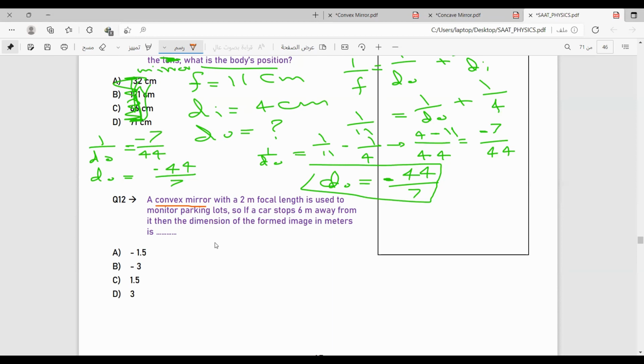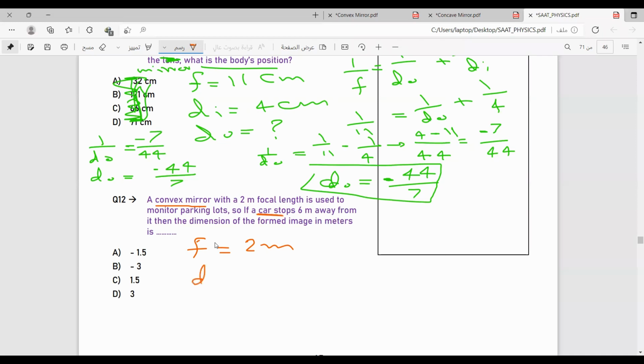Okay, nice. With a 2 meter focal length. So here F equals 2, and we are dealing with meters. The focal length is 2 meters, and the mirror is used to monitor parking lots. If a car stops 6 meters away from it, the car is the object itself.